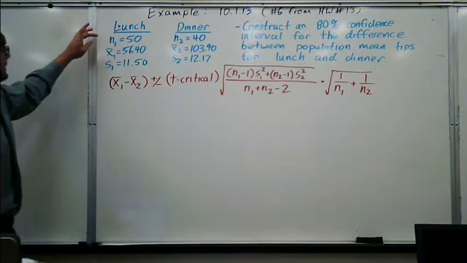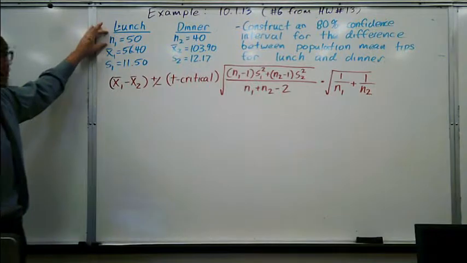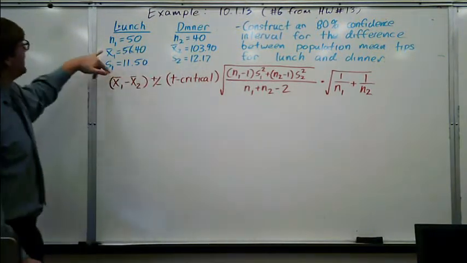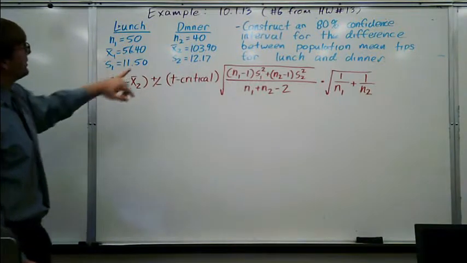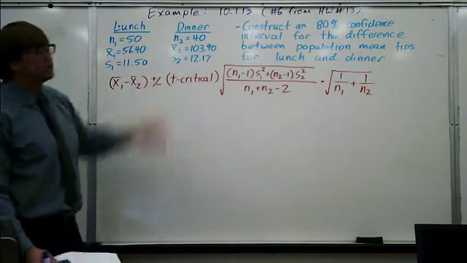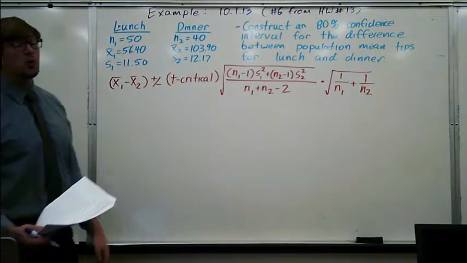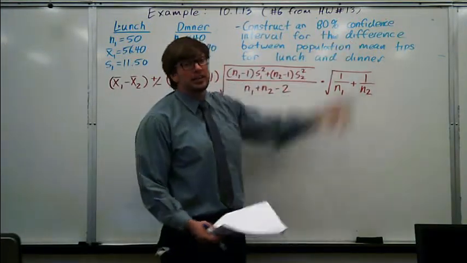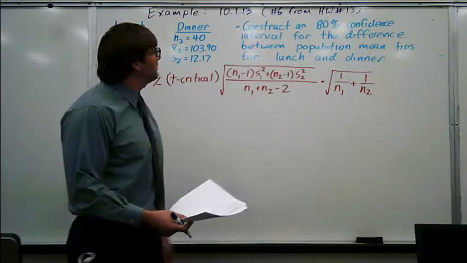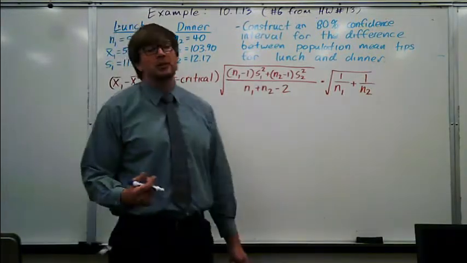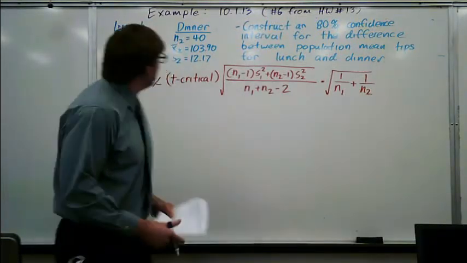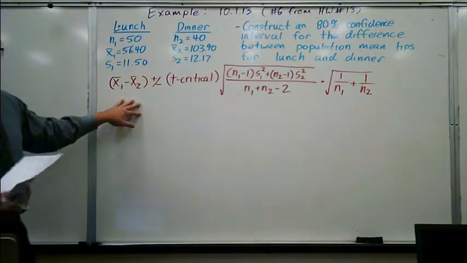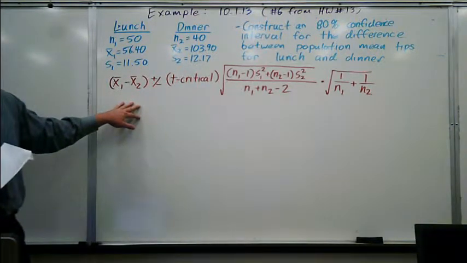So we were told that the sample size for lunch was 50, the sample size for dinner was 40, and then it gives us the sample mean and sample standard deviation for each. And of course, we want to construct an 80% confidence interval for the difference between these two population means. Now, I already wrote down the formula for the confidence interval for the difference between two population means.